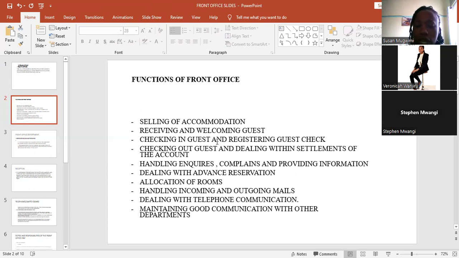So we are going to look at all those things. Then we have handling incoming and outgoing mails, and dealing with telephone communication. That's the work of the switchboard. So those are some of the functions of a front office. We have so many functions, and those are some.